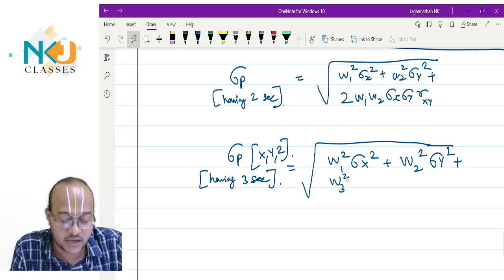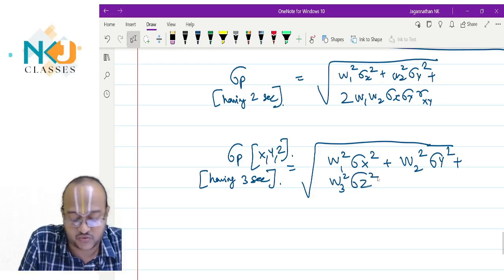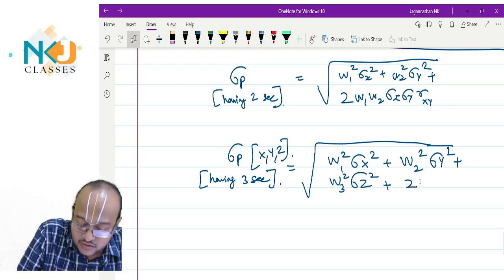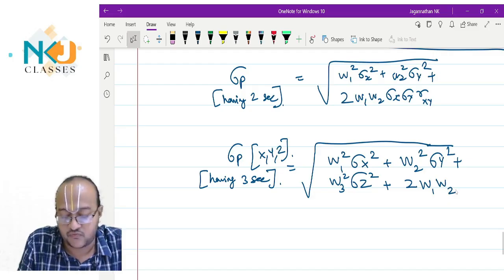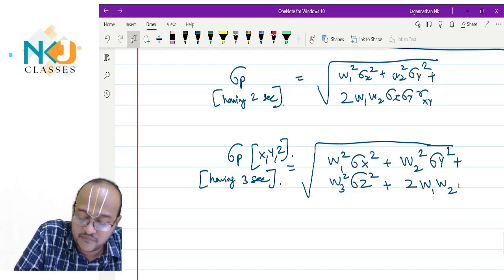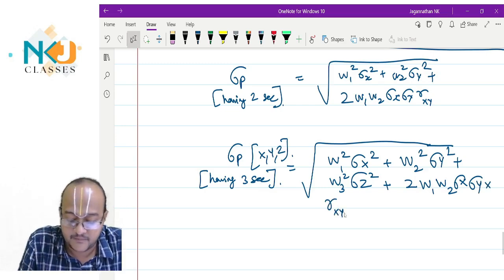Plus 2 into W1 W2, sigma x and sigma y into correlation of x and y.